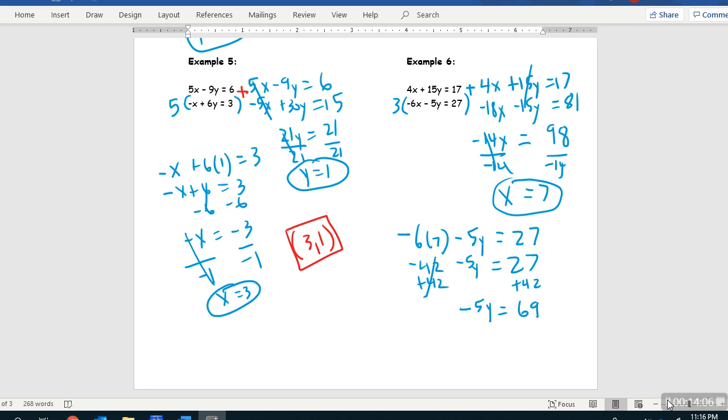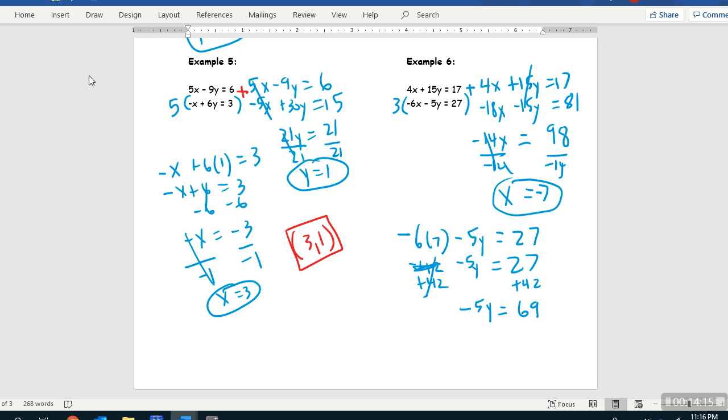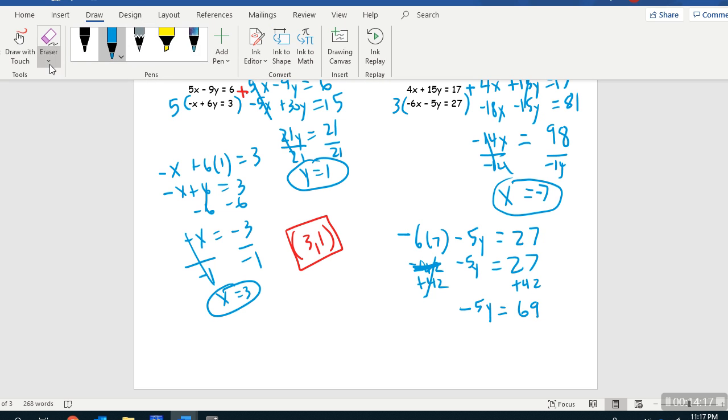Okay, I see the mistake here. 98 divided by -14 should have been -7. So let's fix that. Let's erase here.